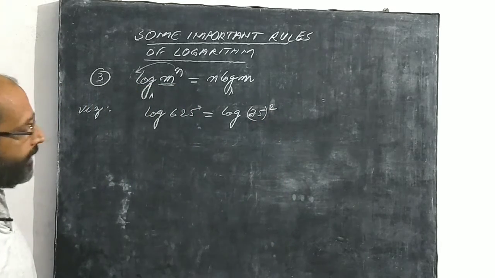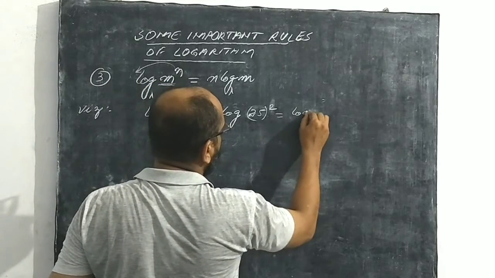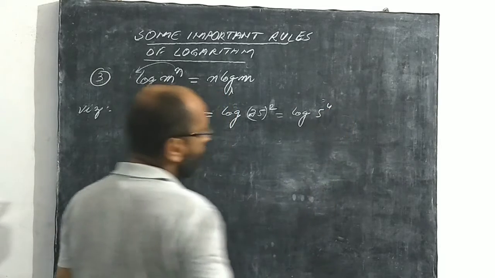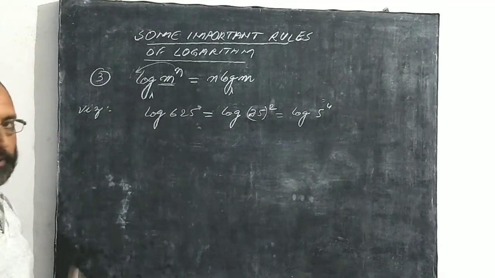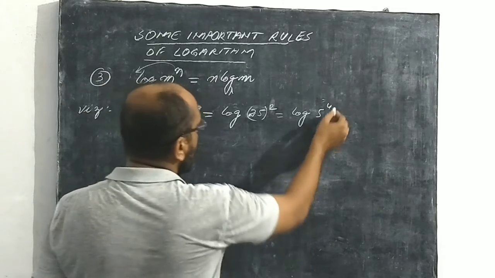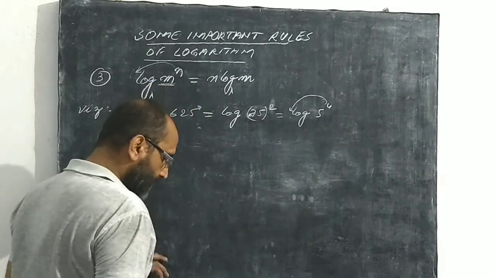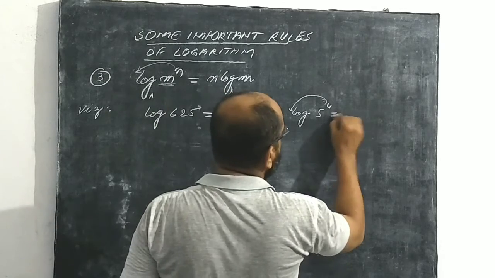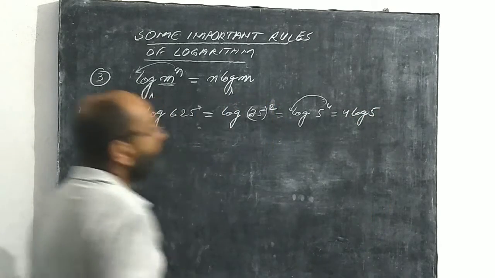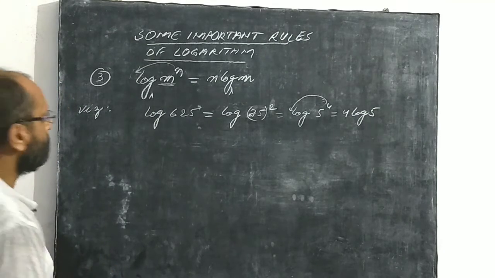And again, if we write 25 as 5 square, so it becomes 5 raised to the power 4. So log 625 may be written as log 5 raised to the power 4, and according to this rule, this power jumps out of this log and becomes 4 log 5. This is called the exponential law of logarithm.